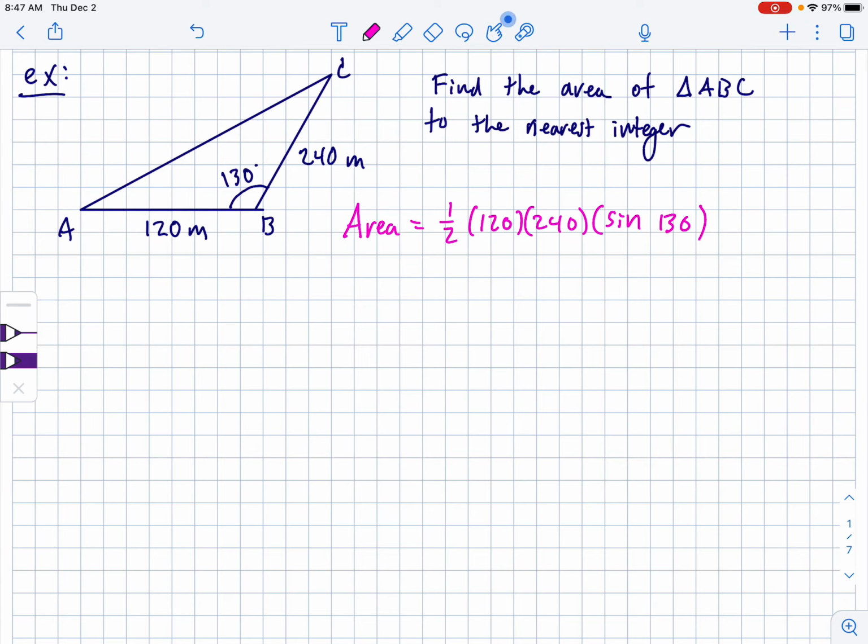So when you crunch that out, and we're rounding to the nearest integer on that one, you should get 11031 meters squared. Don't forget when you're doing area that it's meters or units squared. So since it was meters in both of these, you square it up. Also make sure, if you're not getting the same answer as me, that your calculator is in degree mode, since we're dealing with degrees in this problem.